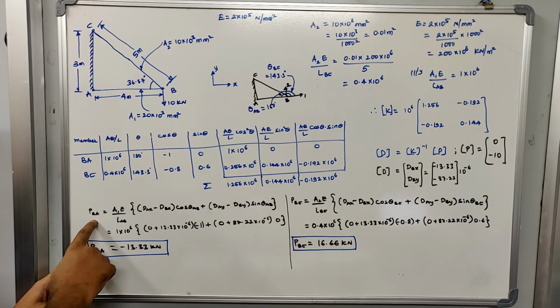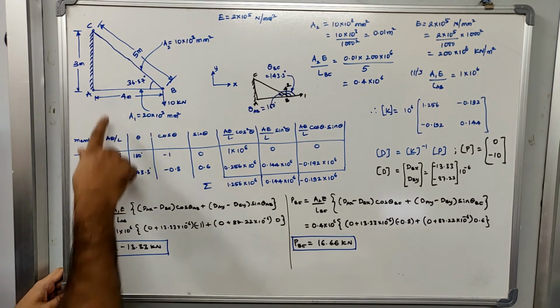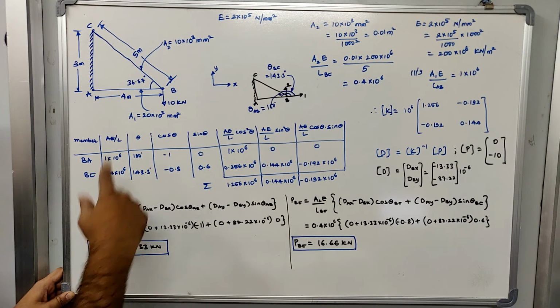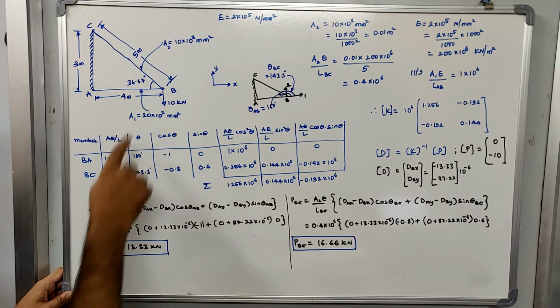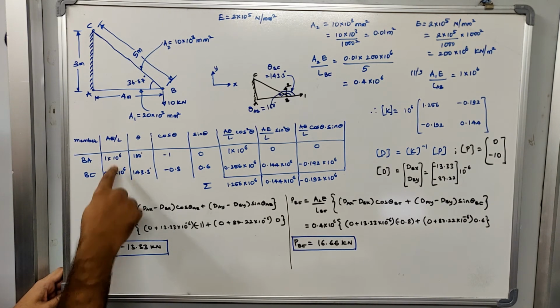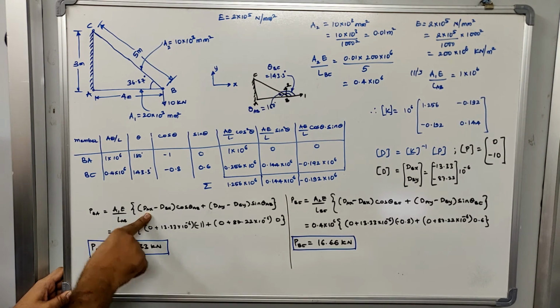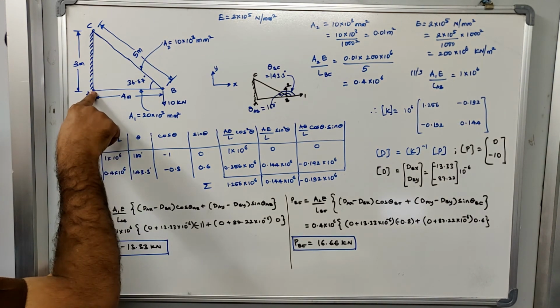Okay, now PBA will be equal to A1 into E, where A1 is the area of the member BA. E value is remaining constant. LAB is 4 meter. So we have already calculated this value. A1 into E divided by LAB, how much is that? This one: 1 into 10 raised to 6. Okay, dAx, what is dAx? Displacement at joint A in x direction.